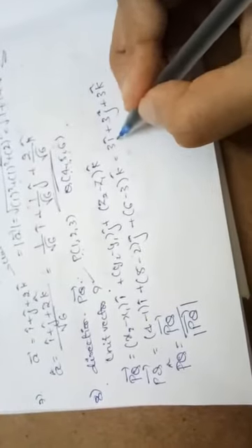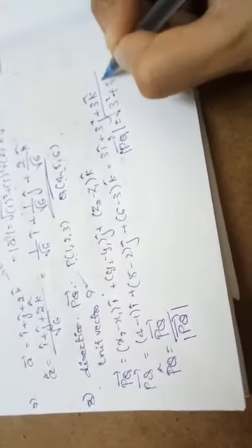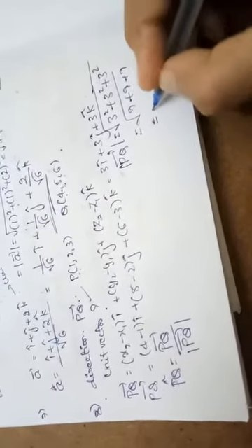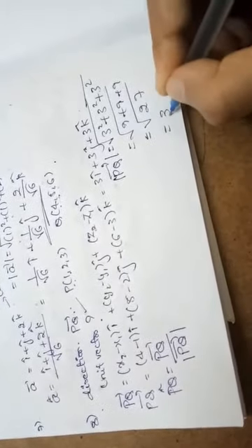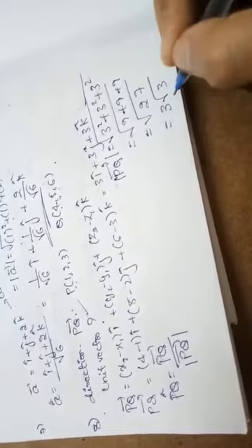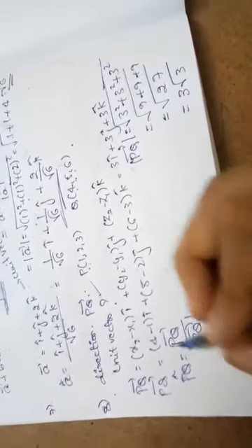The magnitude of vector PQ is square root of 3 square plus 3 square plus 3 square, which is square root of 9 plus 9 plus 9, which is square root of 27. I can write square root of 27 as 3 root 3, since 9 threes are 27, and when 9 comes out of the root, it becomes 3. So 3 root 3 is the magnitude of vector PQ.